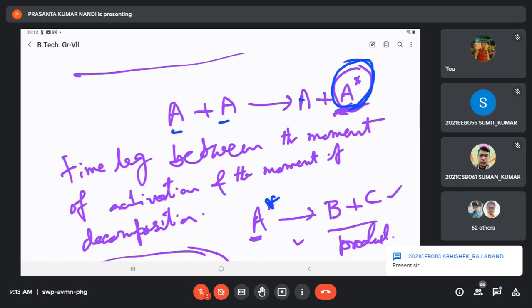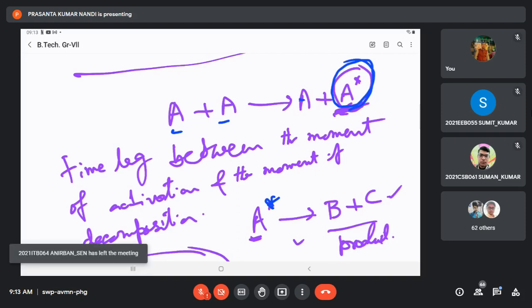Once A star is produced, it can proceed into two separate channels. A star can either revert to its initial state, that is the deactivation step, or it may decompose to produce the desired products B and C. So the activated species can proceed either to the reaction channel, or it may revert to its initial state.